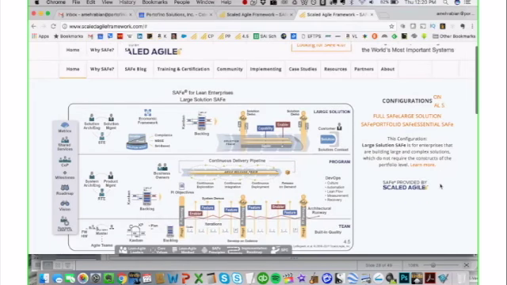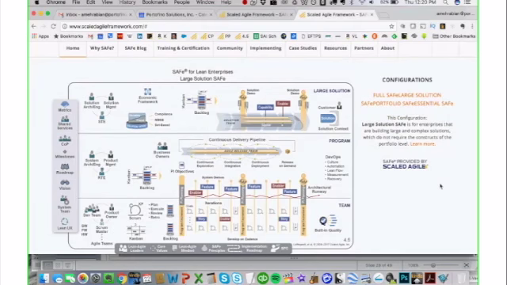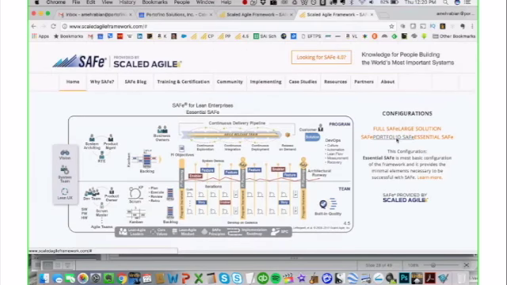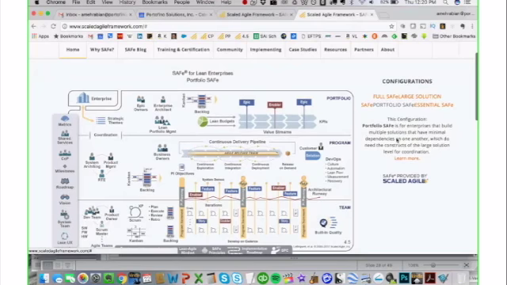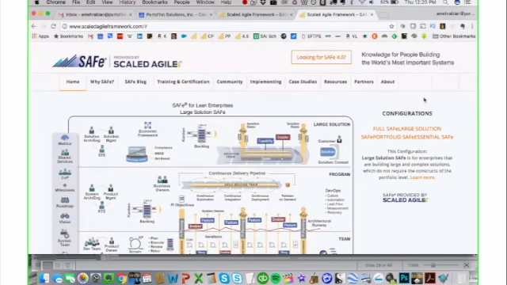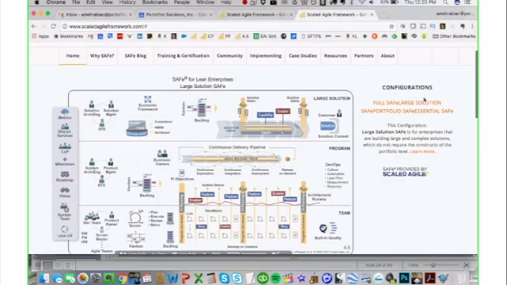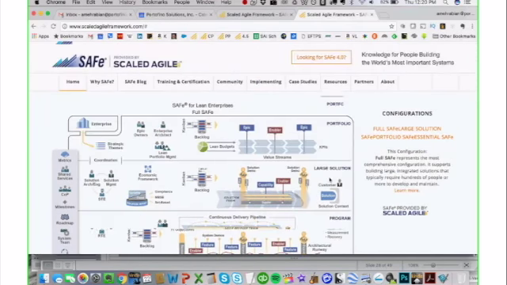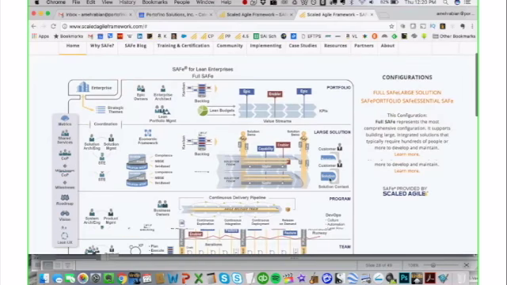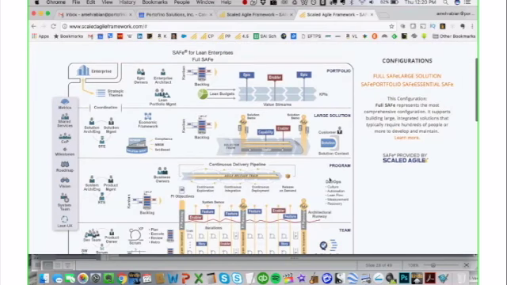And so these are the two main configurations, and then each of these configurations come with a flavor that has a portfolio, right? So Essential SAFe with a portfolio is Portfolio SAFe. Large Solution SAFe with a portfolio becomes Full SAFe. Okay, so it's really two configurations, and then each of them with their respective portfolio.